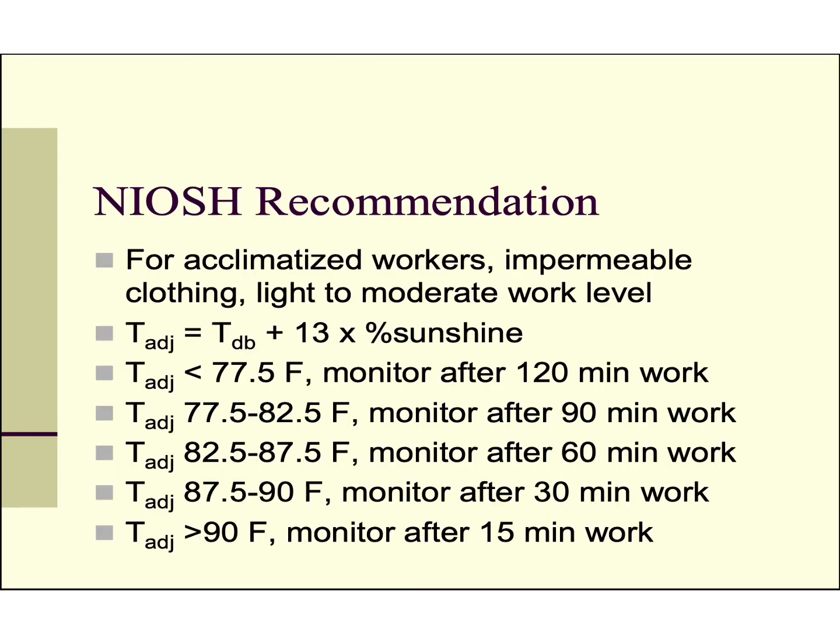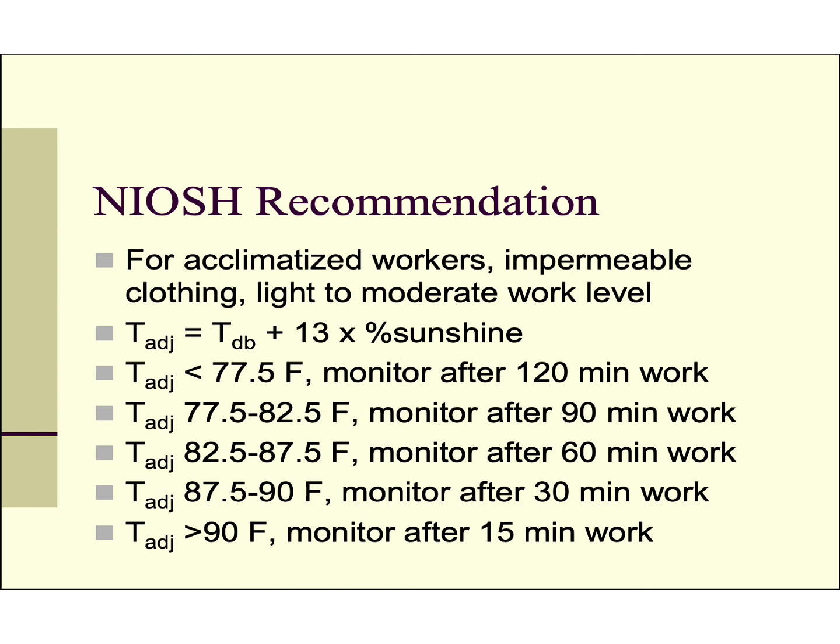The NIOSH recommendation for workers wearing impermeable clothing, like in hazardous waste work, is for acclimatized workers doing light to moderate work. It's based on something called the adjusted temperature, which is the ordinary dry bulb temperature taken in a shaded location, plus 13 times the percent sunshine. So if there's no clouds in the sky and the sun is shining, then it would be the dry bulb temperature in Fahrenheit plus 13 degrees.